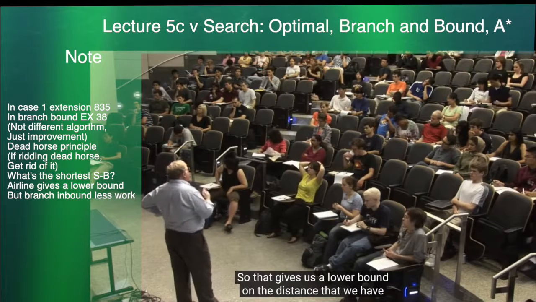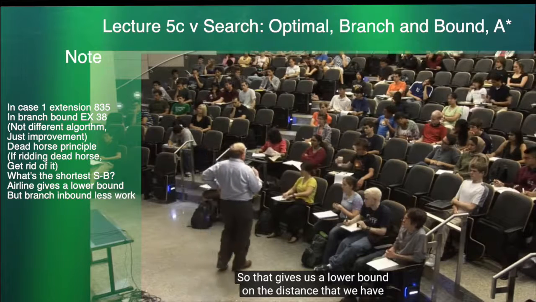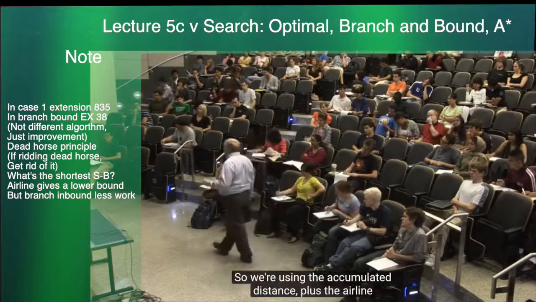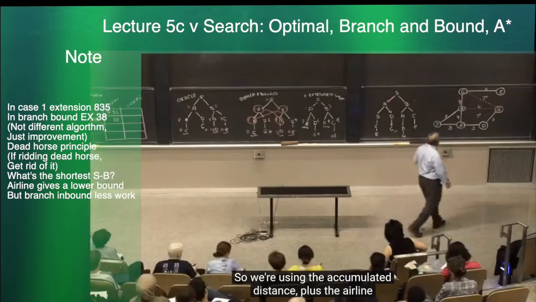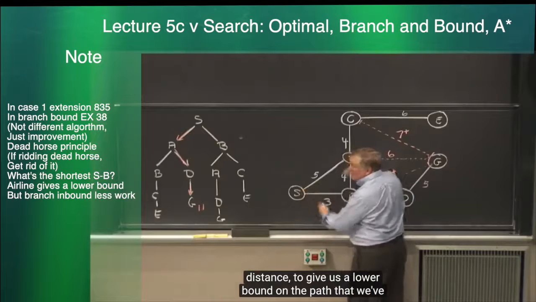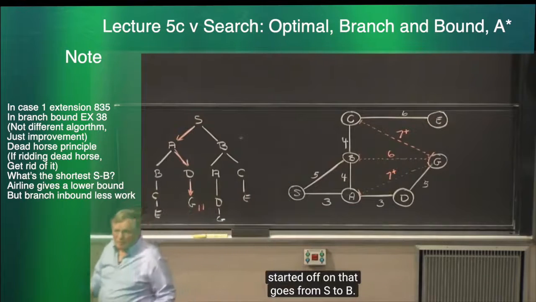So that gives us a kind of lower bound on the distance along that path. So we're using the accumulated distance plus the airline distance to give us a lower bound on the path that we started off on that goes from S to B.